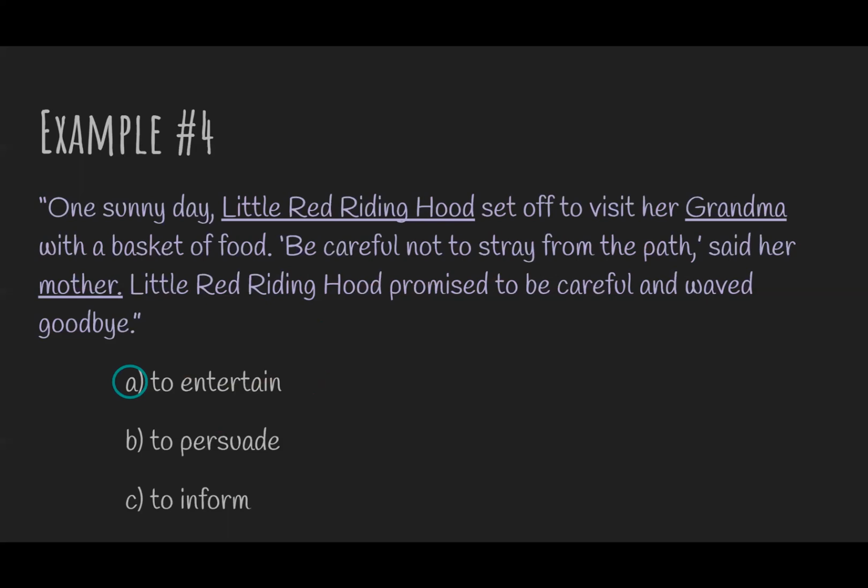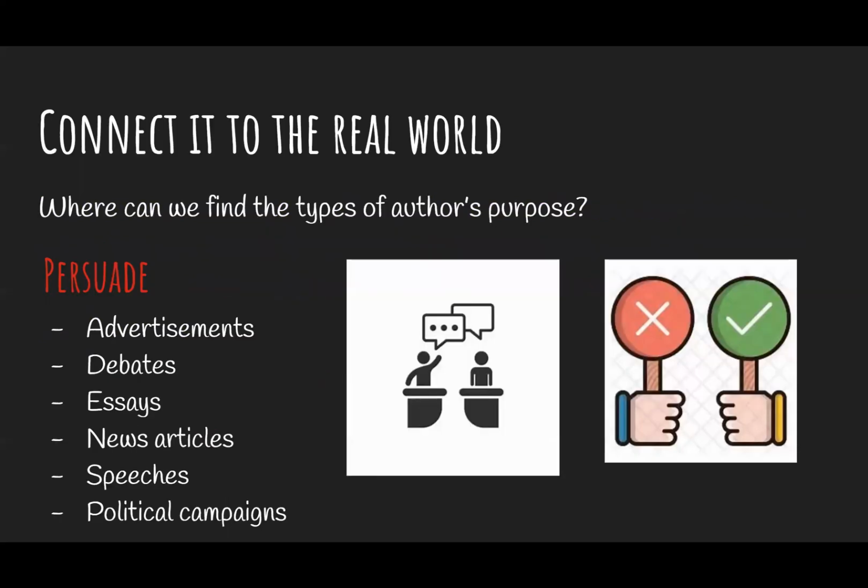All right. So now let's connect it to the real world. Where can we find author's purpose in real life? Well, we can find persuasive texts or media in advertisements, such as the Lexi mattress advertisement we looked at a couple minutes ago. Debates where two people are trying to voice their opinions on the same topic.